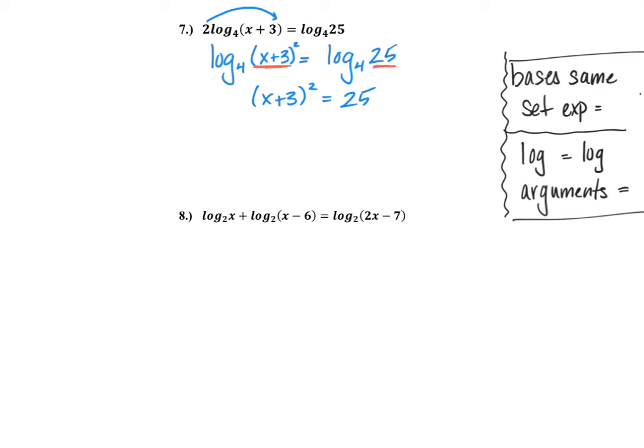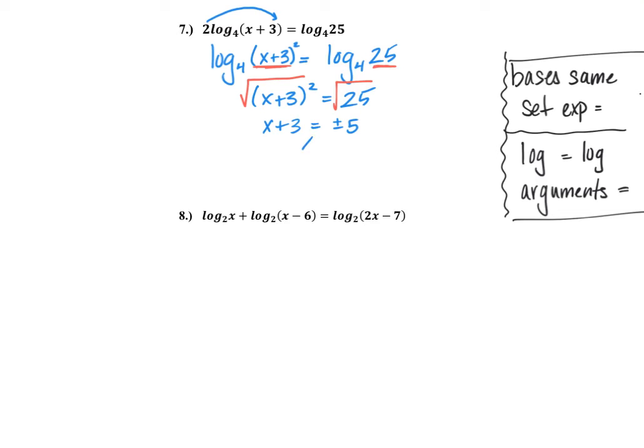and I'm going to solve it. Well, there's two different ways you can do it. You can take the x plus 3, write it twice, multiply it out, and bring the 25 over. But I also recognize that if I have a binomial squared, I really can just take the square root of both sides, because I'm recognizing that 25 is a perfect square. Now, I know I have to have two solutions, so this is going to be x plus 3 equals both 5 and negative 5, so plus or minus 5.